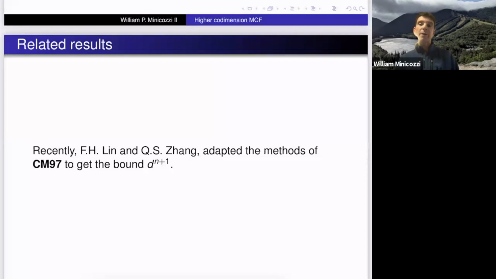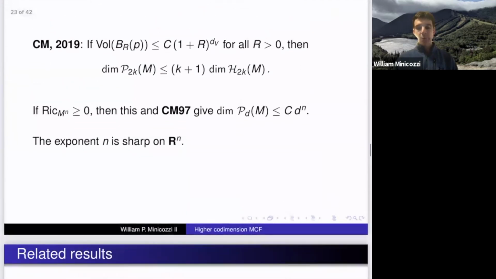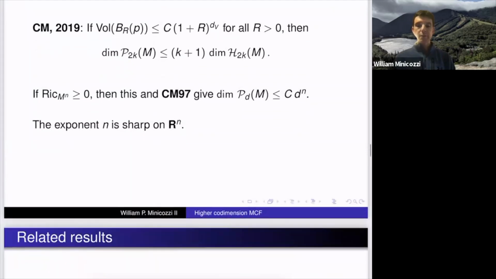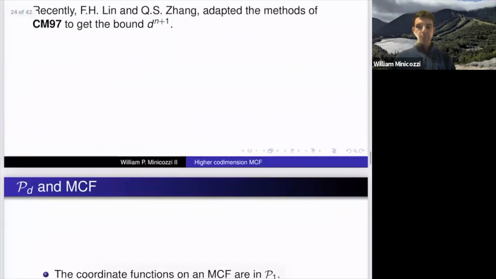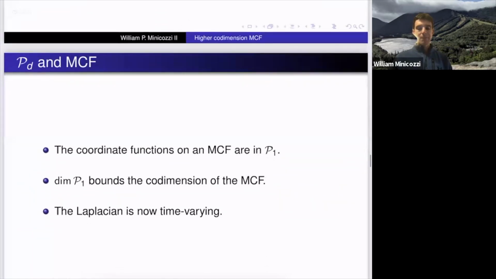So here I was expecting n plus 2 as the dimension of Rn cross time, minus 1, which would give me d to the n plus 1. That's what our methods were well set up to do, and that's what they showed. So we were surprised when we were able to sharpen it and show the sharp exponent was 1 less. There was something really parabolic going on.